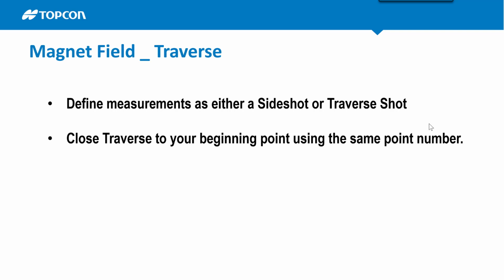We can still do that, but Magnet Field makes it real easy to measure that last point, closing in on point number 1, and record it as point number 1, storing it as a checkpoint. That will make things a lot easier as we adjust the data itself. And that's how we're going to do it in this particular example.